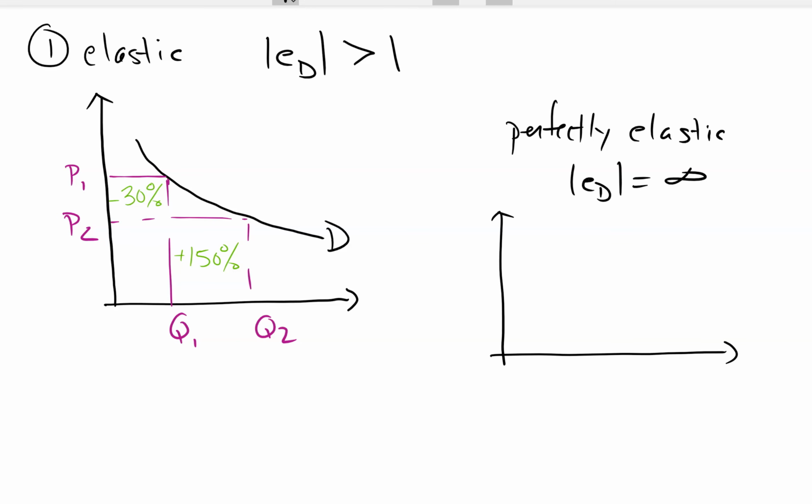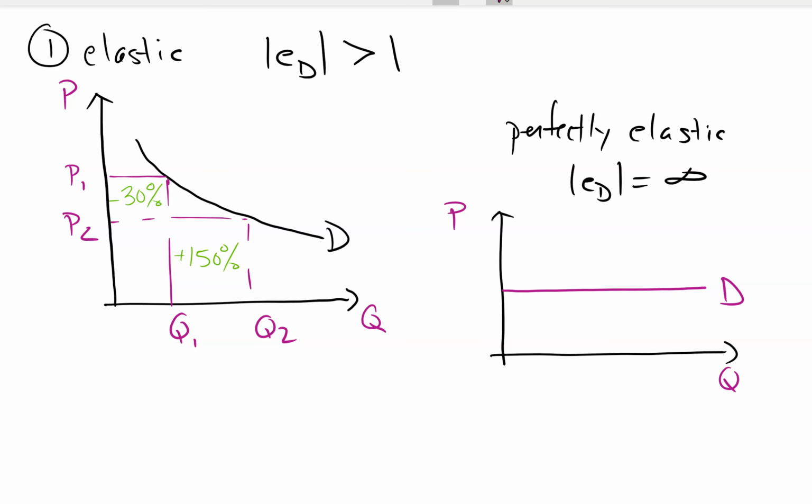So basically, the demand is perfectly elastic, means they only want to pay that price. Okay, they will not, under any circumstances, pay a higher price than that. They're of course always willing to pay less than this, but they're not willing to pay more.